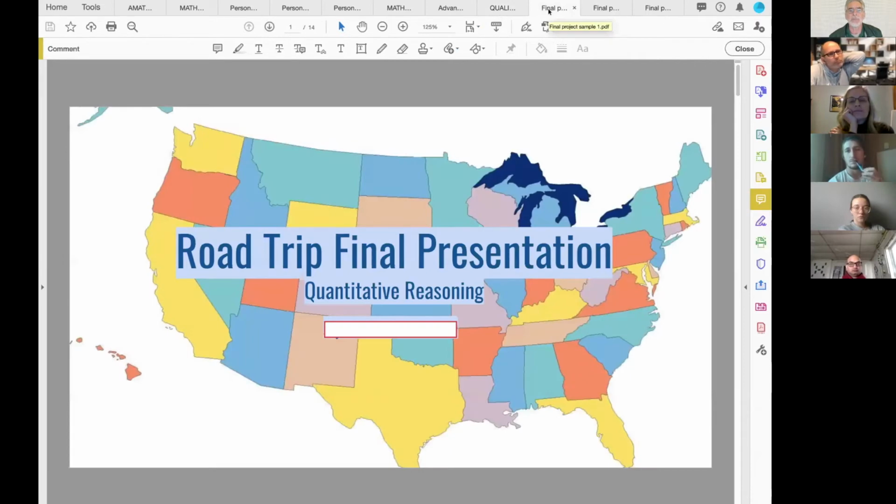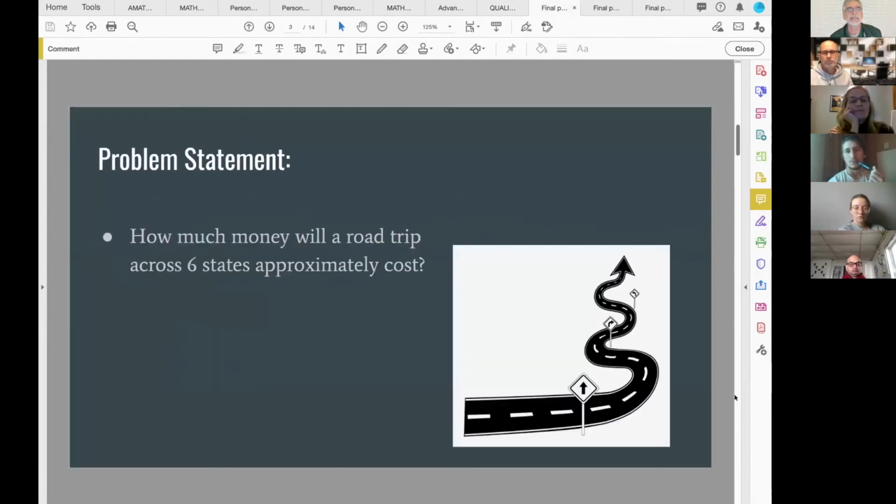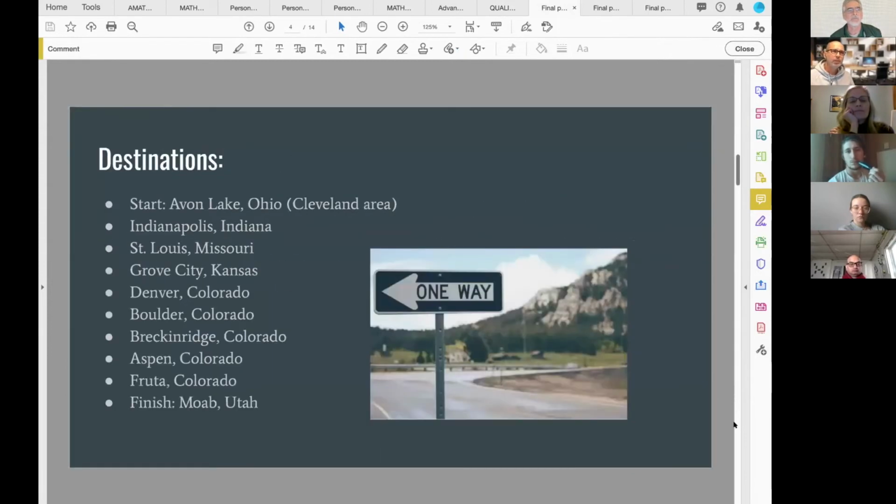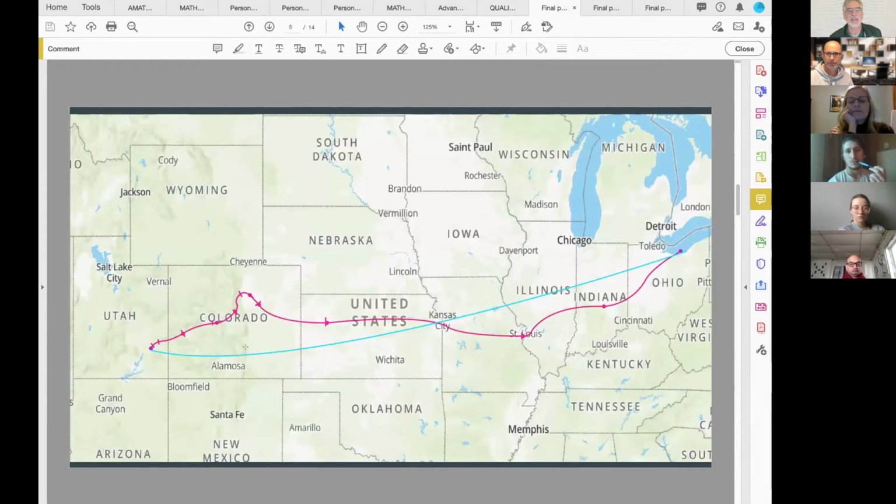And here's an example of a final presentation of a project where a student was doing a road trip, and they created their own map. They left from the Cleveland area and went out to Colorado and Utah. The circles represented where they stopped for the night, and the little hash marks or line segments are points of interest where they stopped.